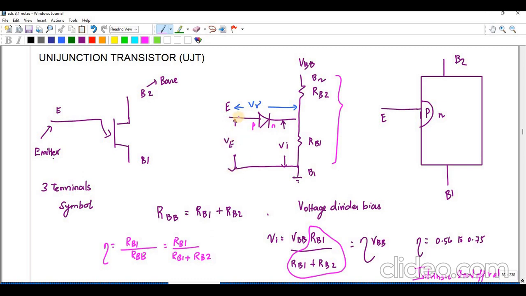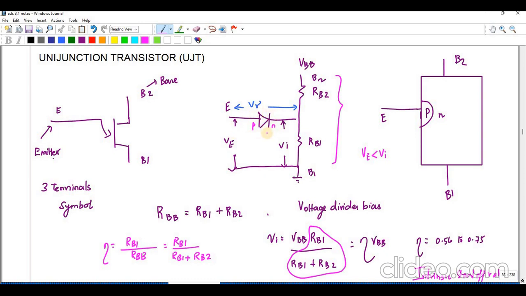I am not going to increase the positive value suddenly; slowly I am going to increase it. Initially VE is less than VA, so that voltage is not enough to turn on this UJT.